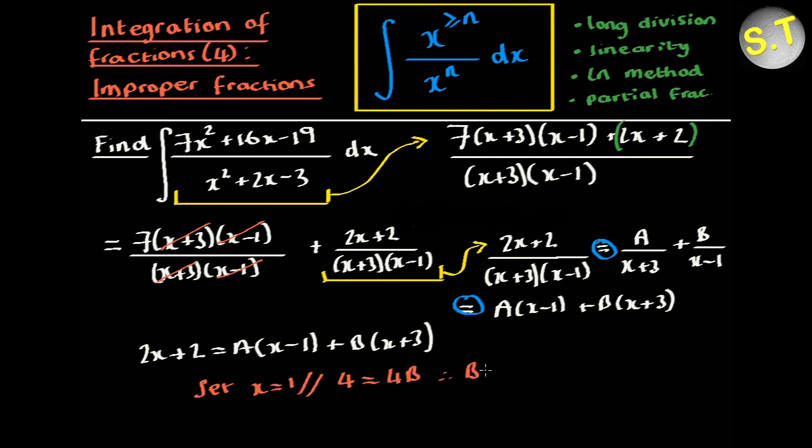Therefore b must be equal to 1. And if we set x equals minus 3, we're left with minus 6 plus 2, which is minus 4, is equal to a times minus 3 minus 1, so it's minus 4a, and b disappears, so therefore a is also equal to 1.